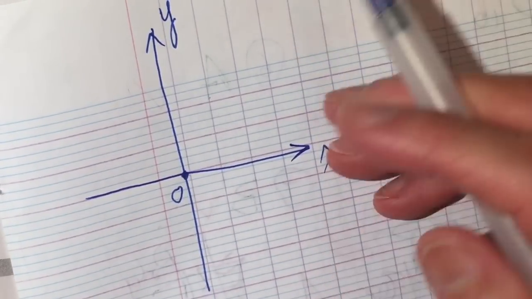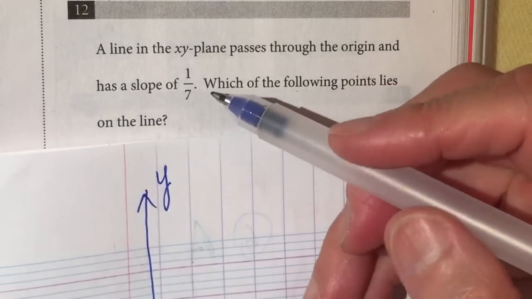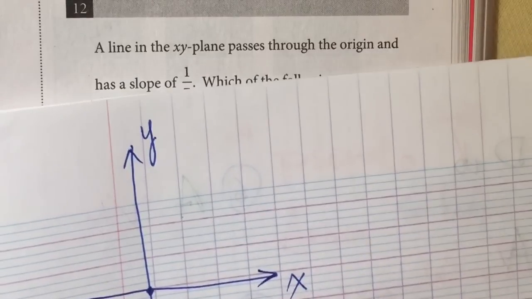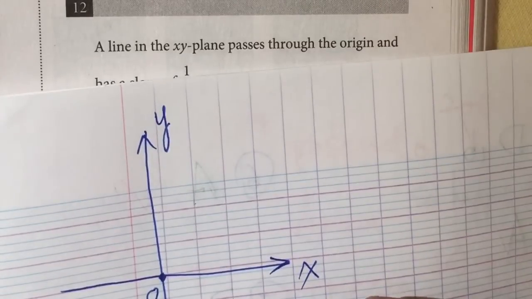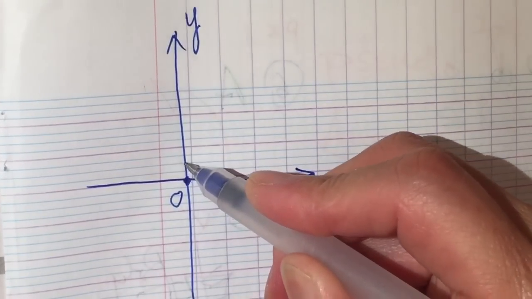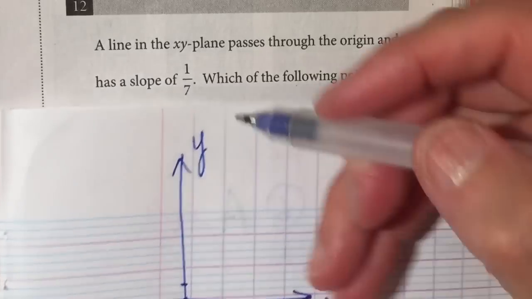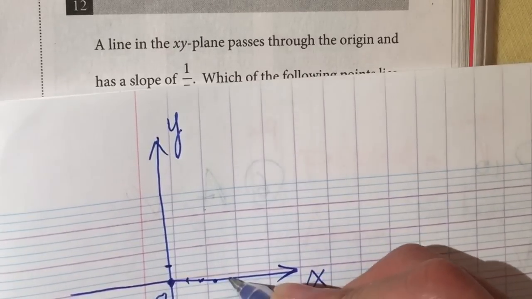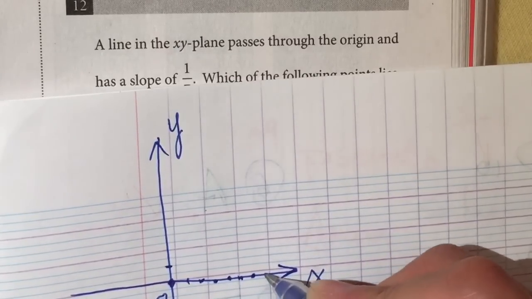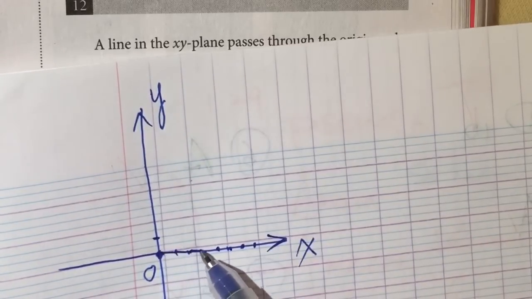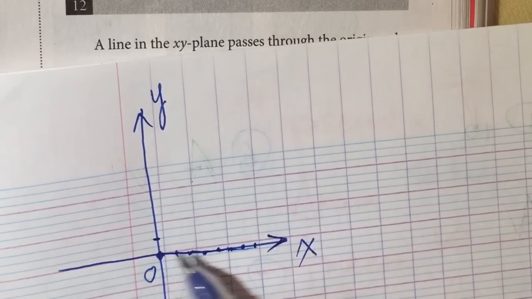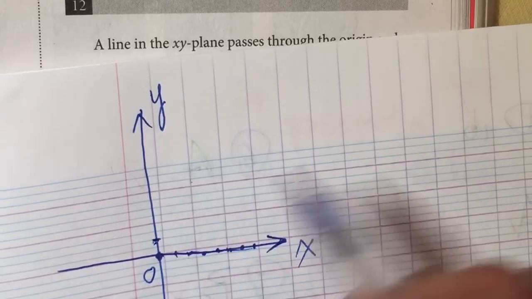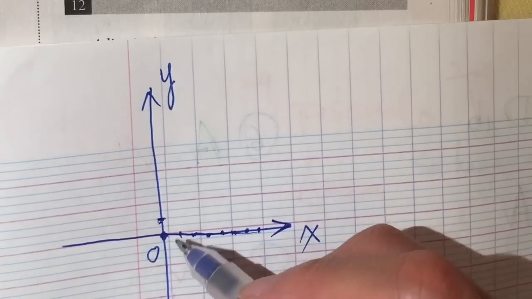It's this line. And now we take a look at the slope, 1/7. So it's rise over run. It rises one step, it needs to run 7 little steps. For example, 7 minutes goes 1 minute, 7 hours goes 1 millimeter, whichever way.